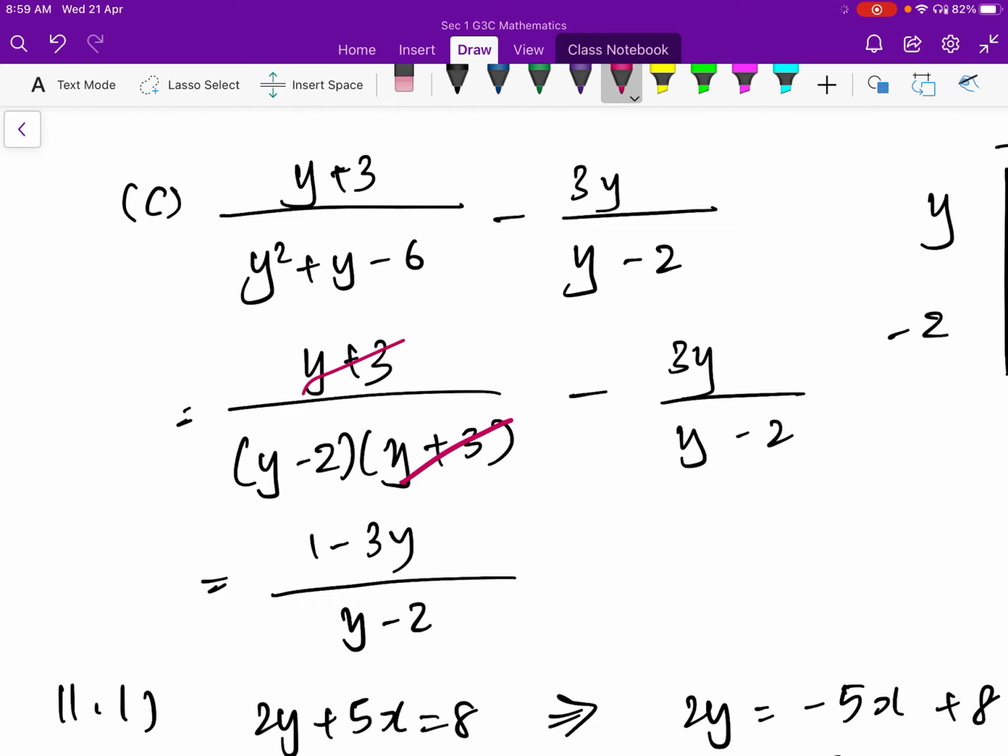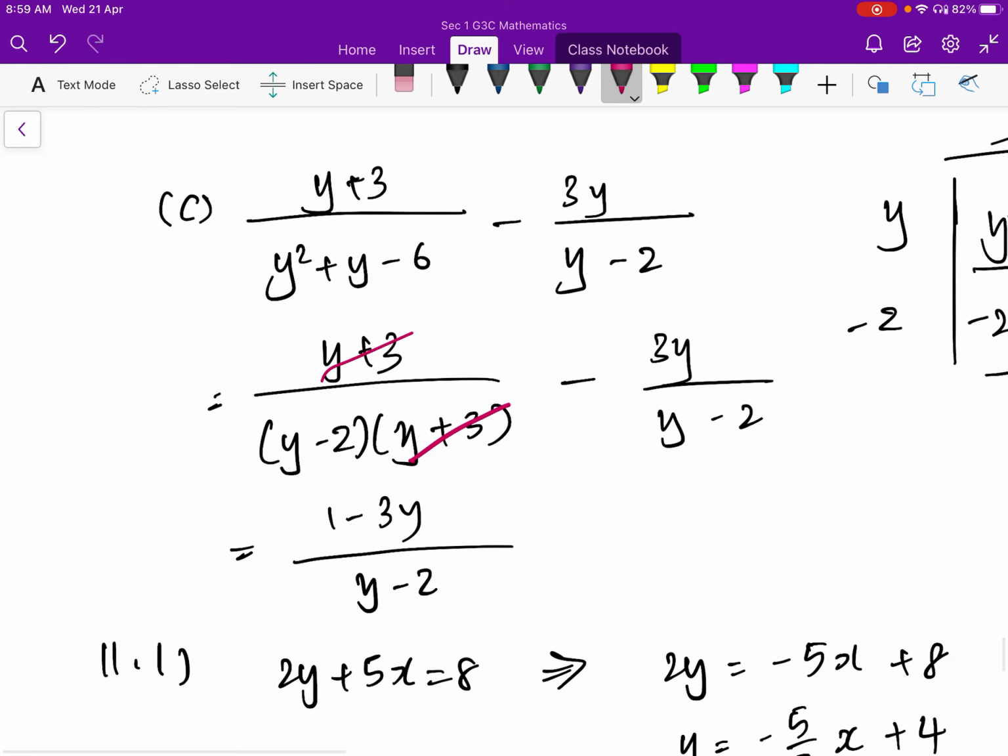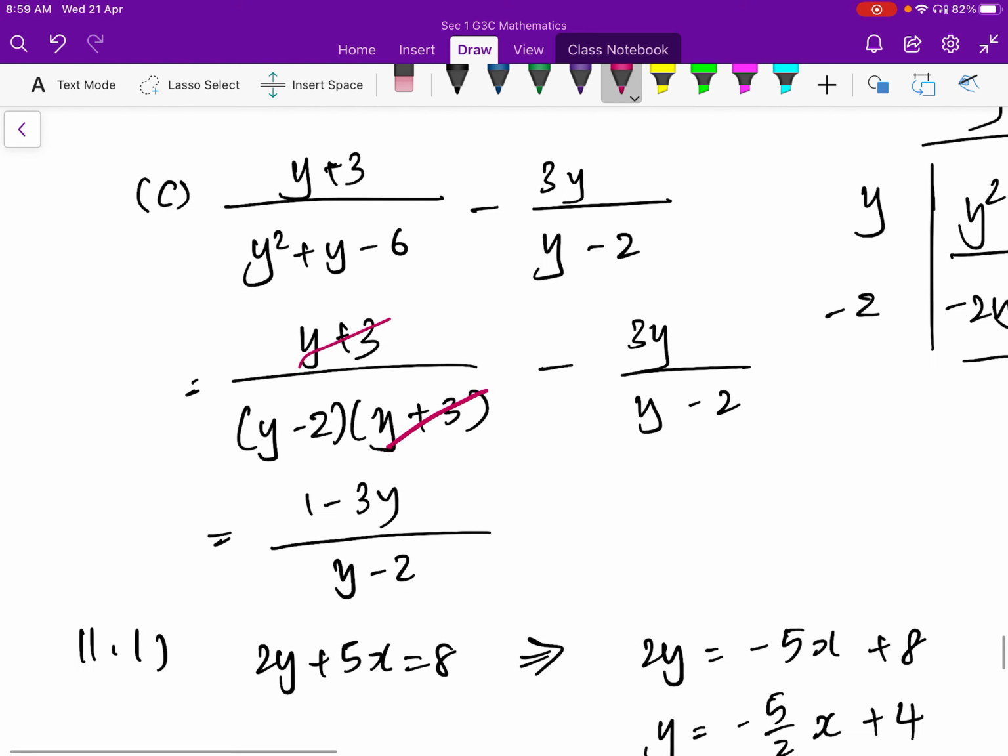So left with 1 minus 3y over y minus 2. Okay, any questions?